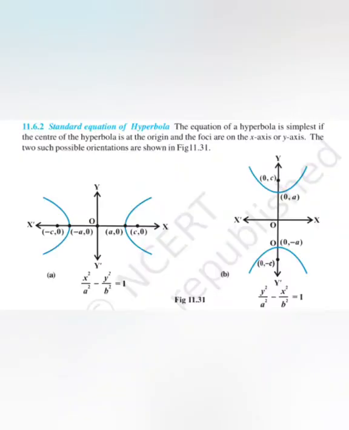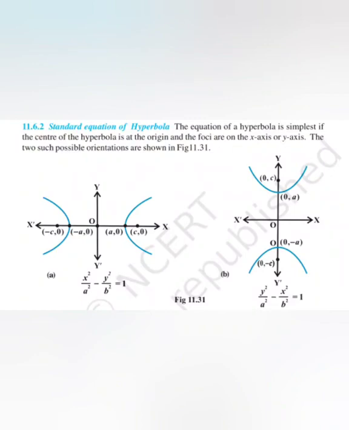Now we can write the standard equation of hyperbola as: if the transverse axis is along the x-axis and the conjugate axis is along the y-axis and the center of the hyperbola is at the origin, then the equation of the hyperbola is x squared by a squared minus y squared by b squared equal to 1.